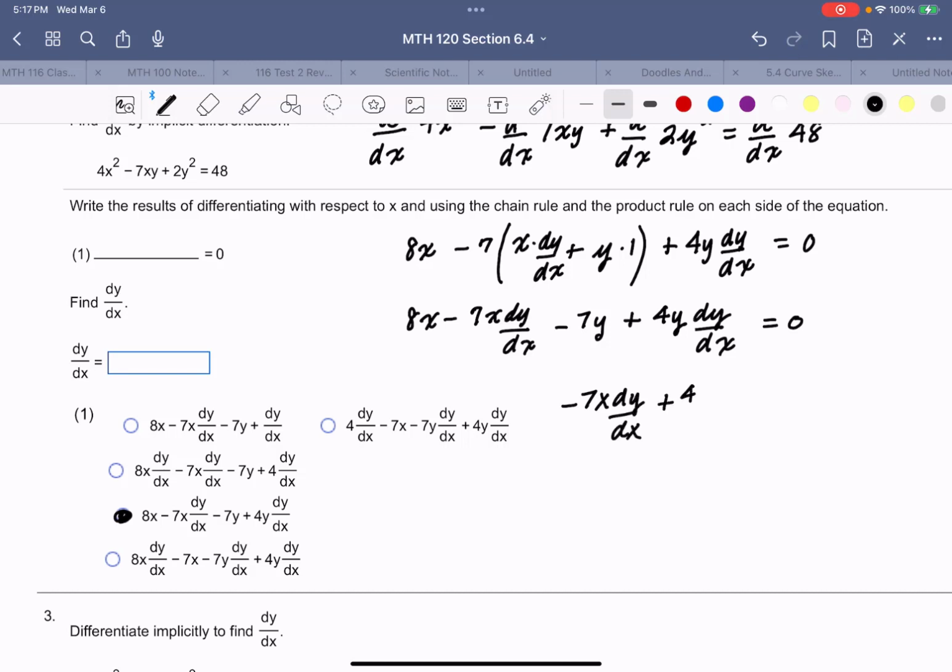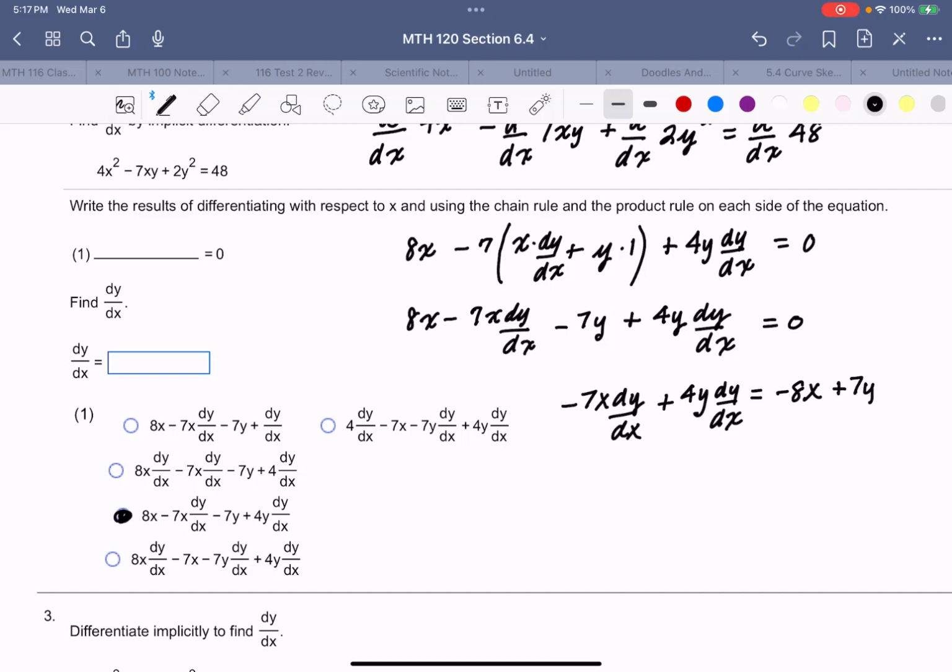So that's the negative 7x dy dx plus the 4y dy dx. And these other terms will go to the opposite side by changing their signs, right? Because the 8x will be a minus 8x because I would have to subtract it. And the minus 7y would be a plus 7y.